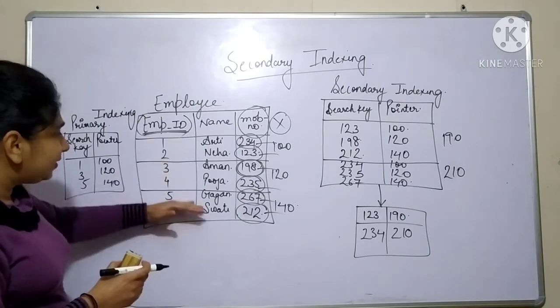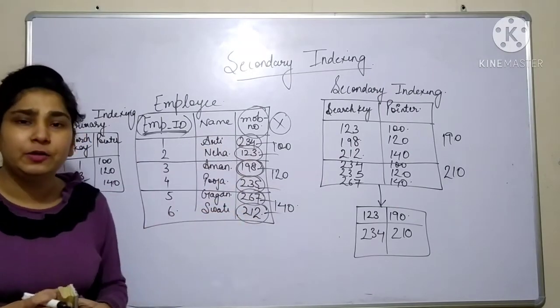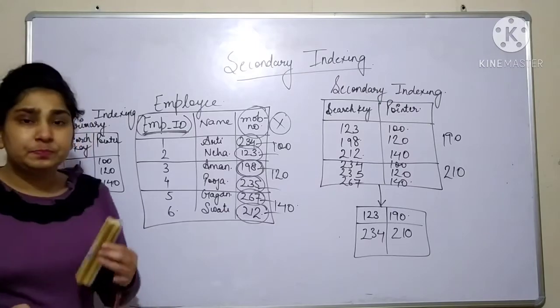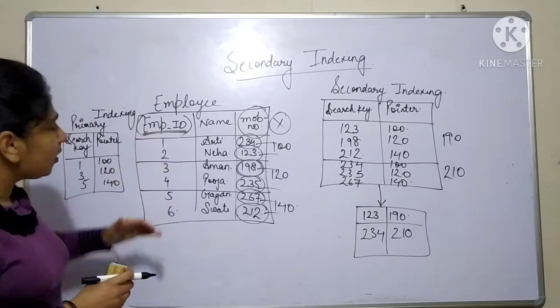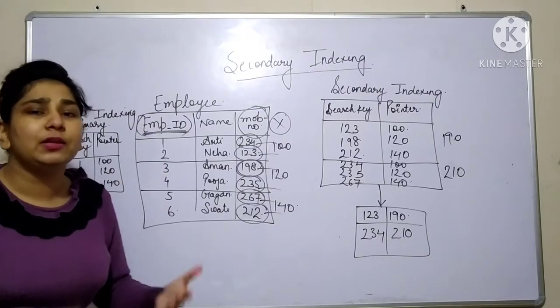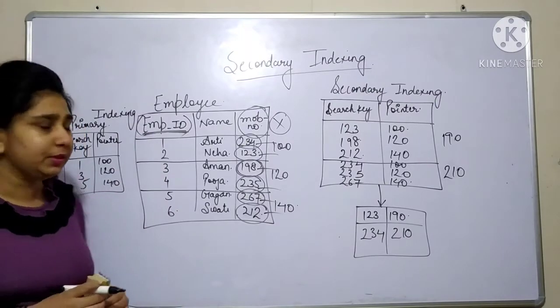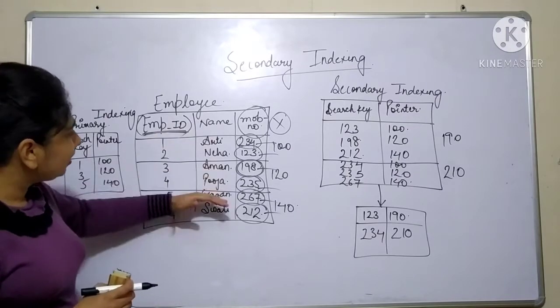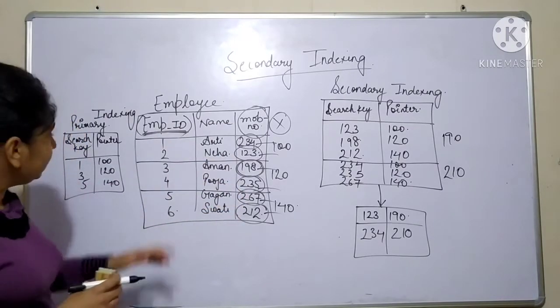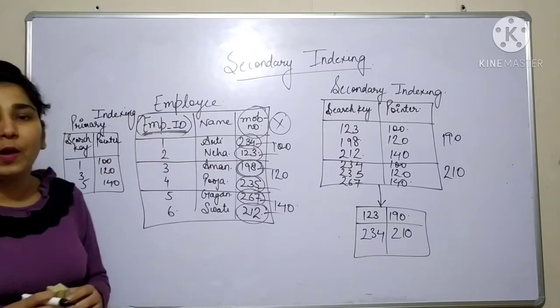So at one particular point of time, we can only arrange all the tuples of the relation on the basis of one attribute. In this example, we are arranging all the tuples on the basis of employee ID.